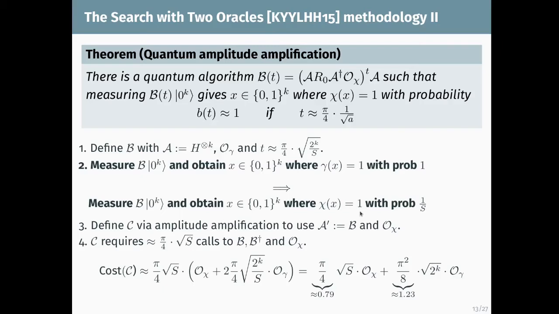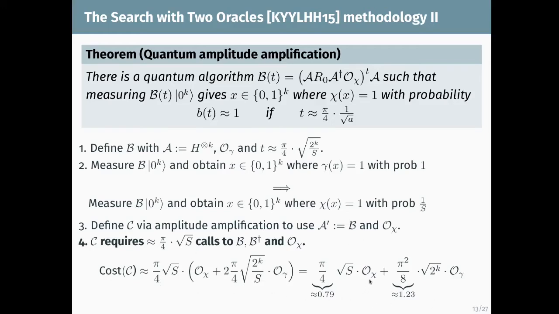Hence, we can simply define a recursive use of amplitude amplification, where we define amplitude amplification algorithm C using the quantum algorithm B, which we define here, and the expensive quantum algorithm based upon chi. And it turns out the cost turns into this formula here.